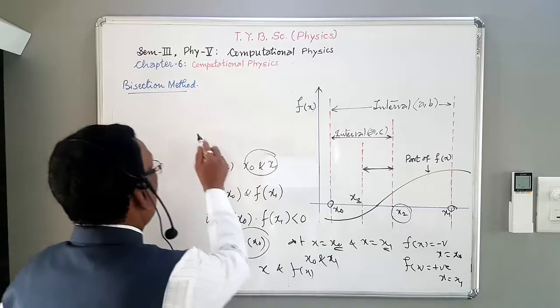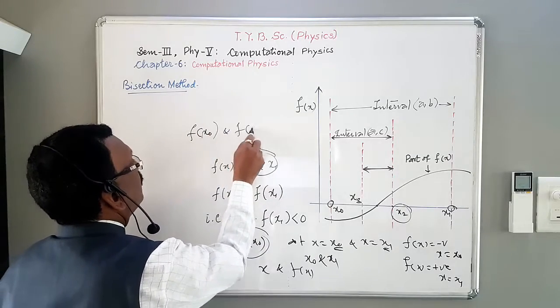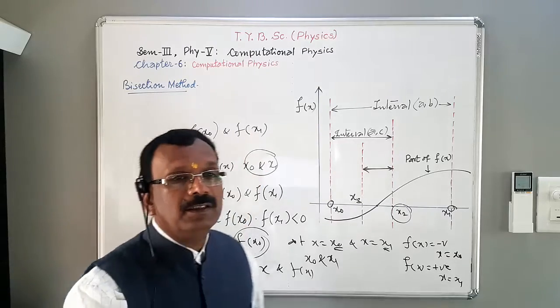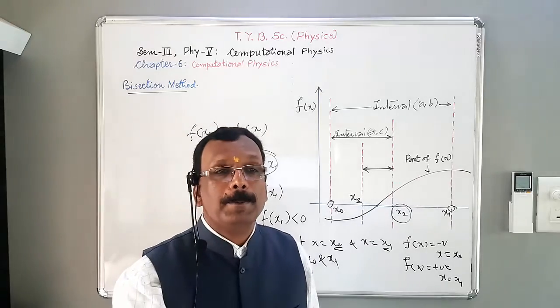Thus f of x0 and f of x1 have opposite sign, minus and plus.